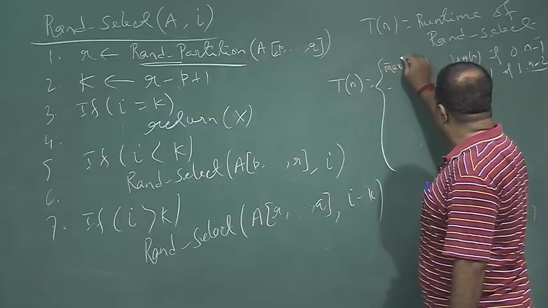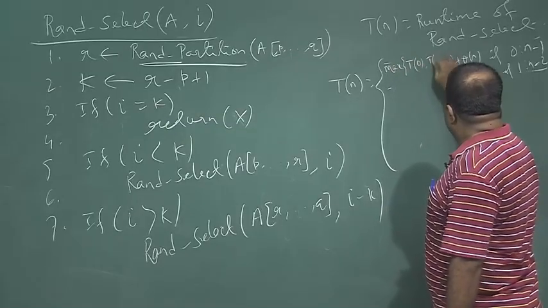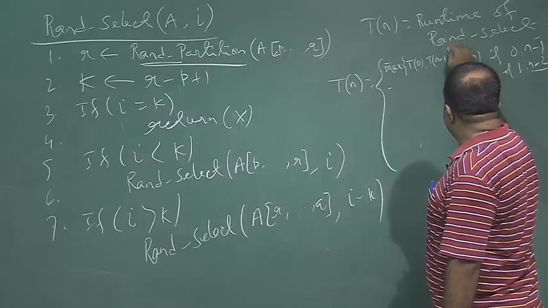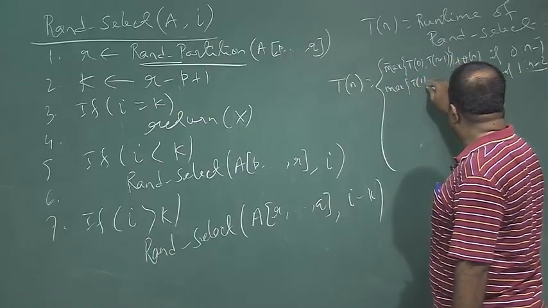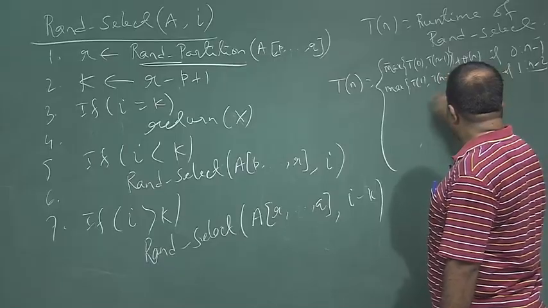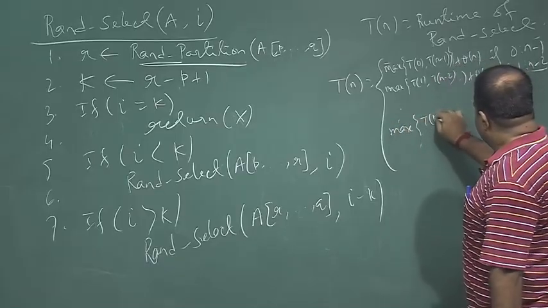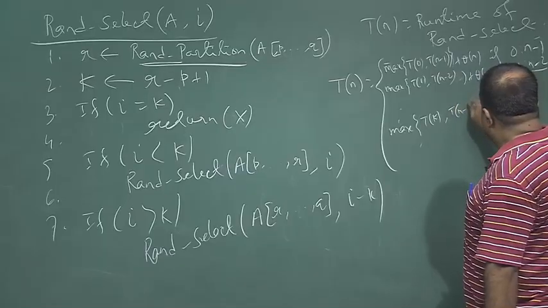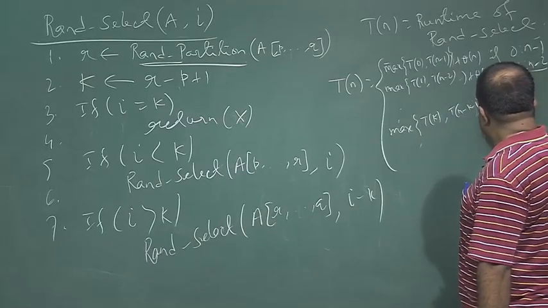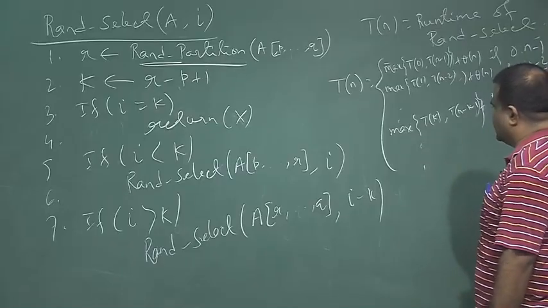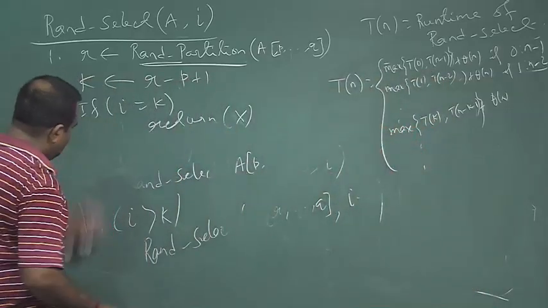So, it is the maximum of T(0), T(n minus 1), also the maximum of T(1), T(n minus 2), like this. This is also the maximum of T(k), T(n minus k minus 1), plus theta of n.